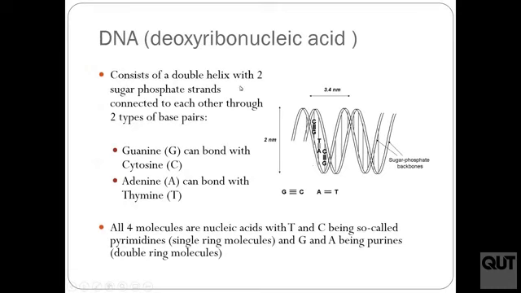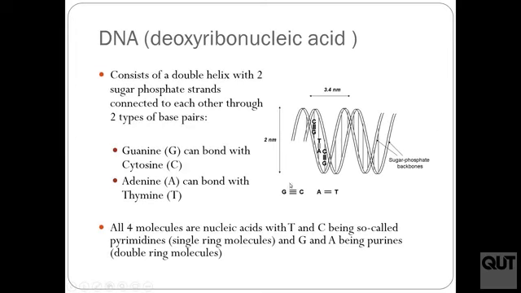DNA. So DNA consists of a double helix, so it's like a ladder with some rungs between it, and that's wound up into a helix. It's got sugar phosphate strands, and they're connected via these base pairs, so that's the rails of the ladder, and the base pairs are the steps of the ladder.